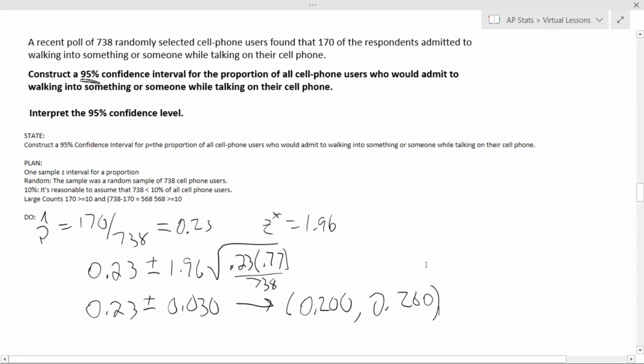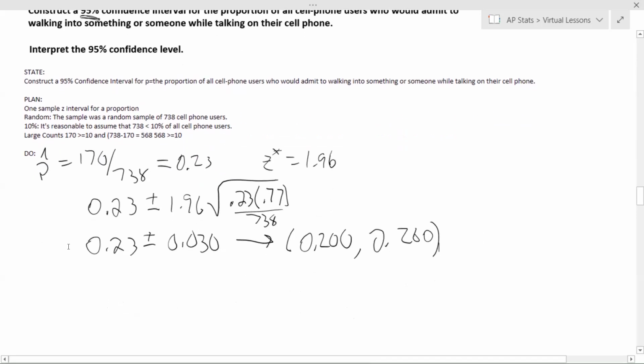And then what we want to do now is the conclude step. Don't forget the conclusion. And remember, we're going to use the template that we talked about previously.